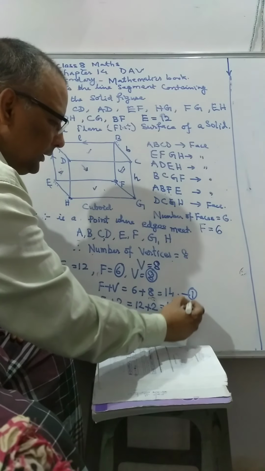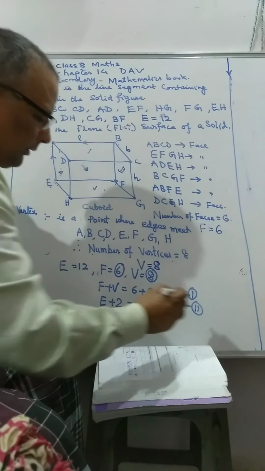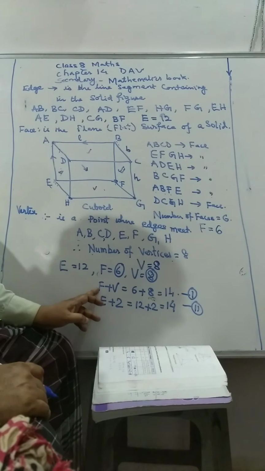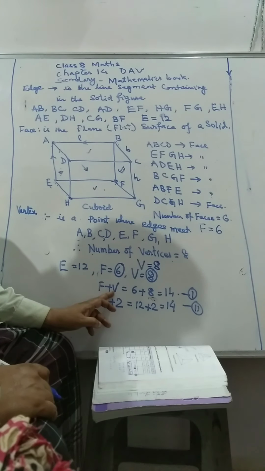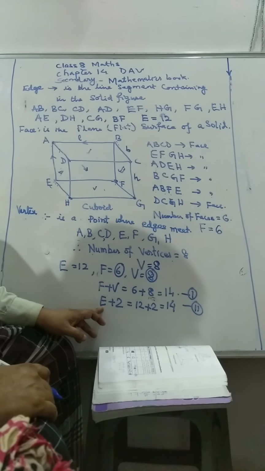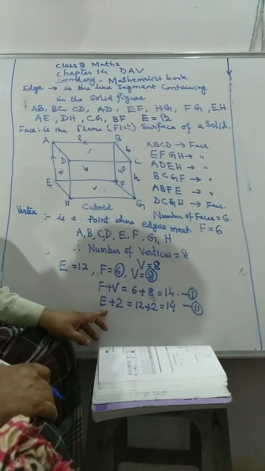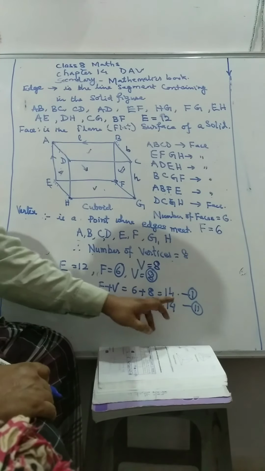So this is the second equation I have taken. We see that the sum of the number of faces and the number of vertices, and the sum of 2 added to the number of edges, is also equal to 14. Both are equal.